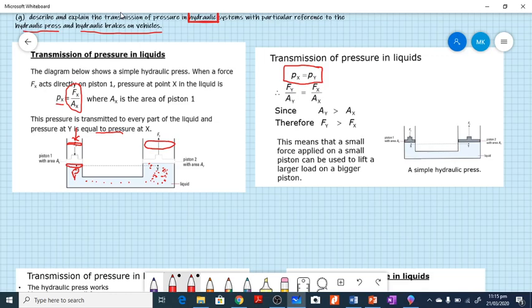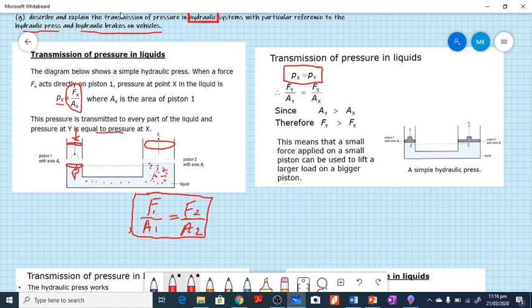You can rewrite it as F1 over A1 equals F2 over A2. This is the first basic formula related with the hydraulic system. You have to remember this formula because you will use it when you solve the MCQs and when you solve the theory questions.